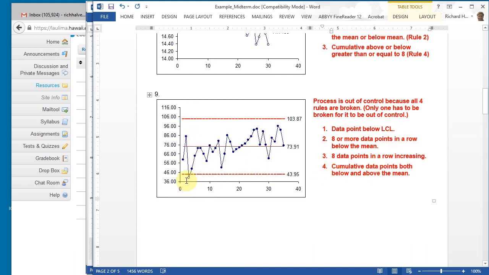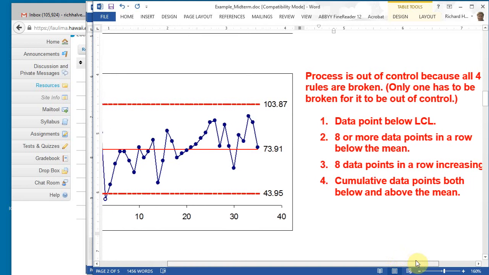Let's see, 1, 2, 3, 4, 5, 6, 7, 8. So that's 8 below the mean. The third one is 8 data points in a row increasing. Yes, here we have 1, 2, 3, 4, 5, 6, 7, 8.